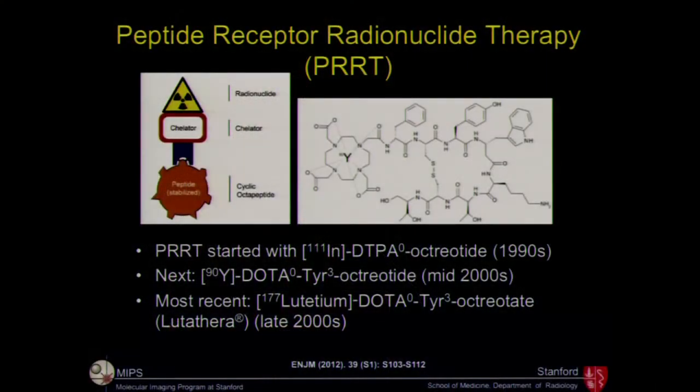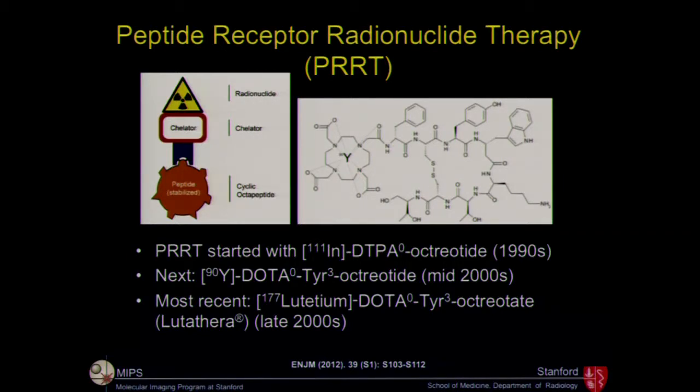And the goal of it, just to reiterate one more time, is that it's a trivalent compound: the actual localizing agent, which is the somatostatin analog, combined with this chelator, DOTA in the therapy form, and then the radionuclide, which can be either yttrium-90 or lutetium-177. This molecule is shown in much more complex form here, also shown by Dr. Yaguru. And then historically, initially the idea of this therapy actually came about from the same agent that was used for imaging.